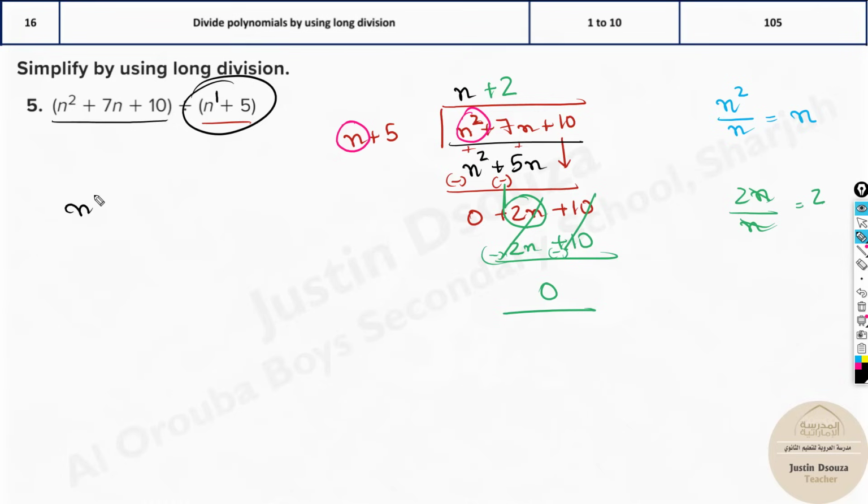Imagine this was n to the power 4 plus n cubed, just an example, okay? And you're dividing this with n plus 5. Then whatever your answer over here will be having n power 3 and then so on. It might have n power 2, it may not have also, but no matter what, it must have n cube as the degree. 1 less than the dividend.